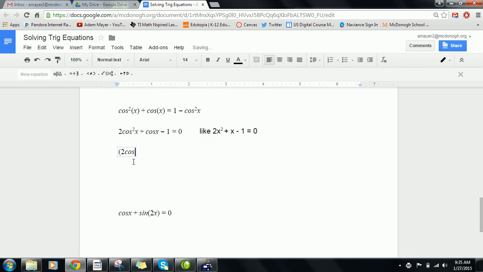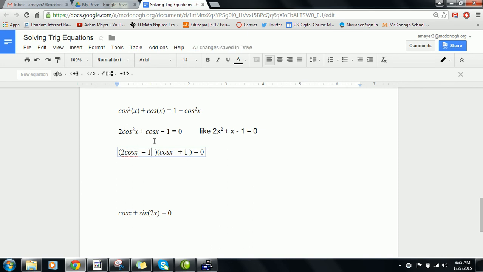So 2 cosine x, I'll leave a little space, and then cosine x. Of course, first times first needs to be 2 cosine squared. And then what I put here and here has to multiply to be -1, and the outers and inners have to add to be cosine of x. So I'm going to put the plus 1 here, and the minus 1 over here, and that is the way in which this quadratic in terms of cosine factors.